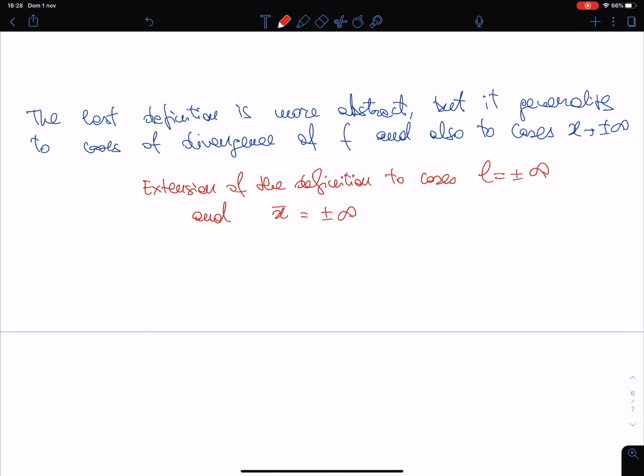So I immediately give you the definition, which is the following. Definition.